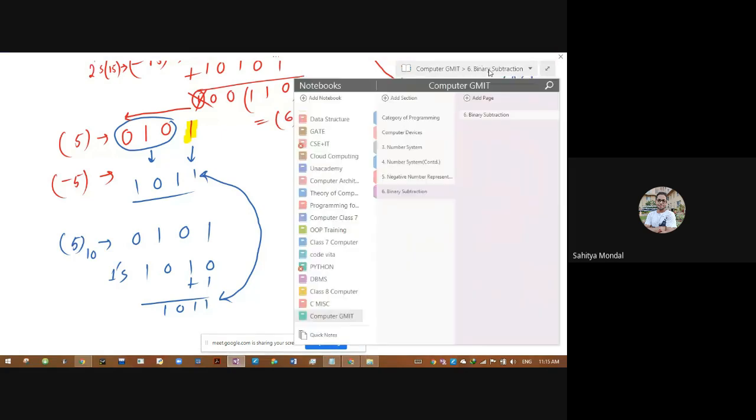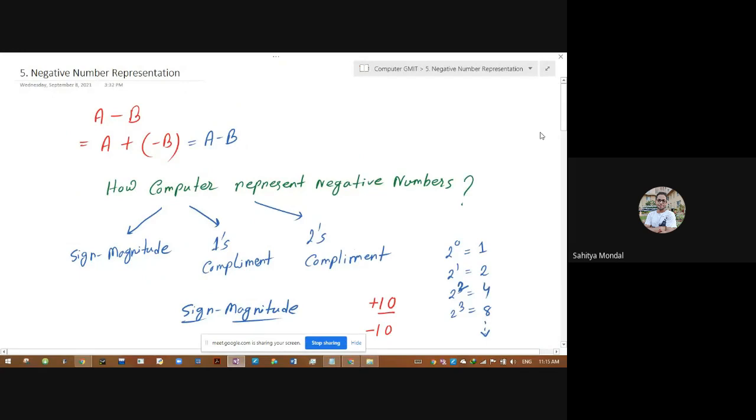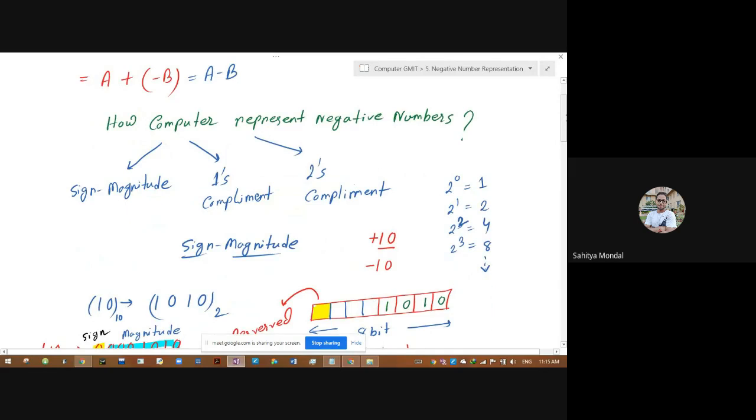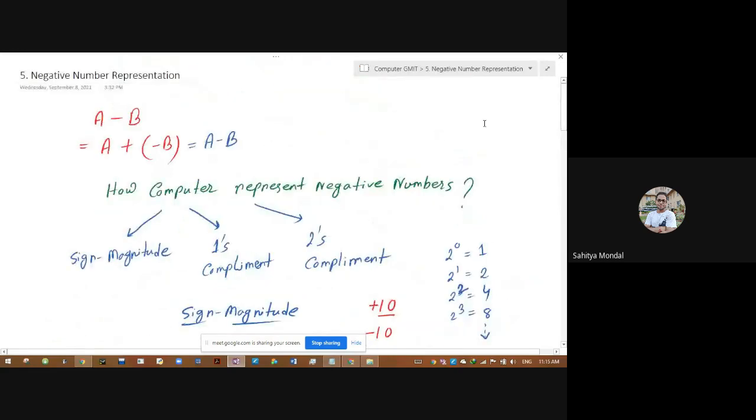That was the reason that before starting subtraction I discussed negative number representation, because when a number is converted to the 2's complement, from the computer's perspective it is a negative number, not a positive number.